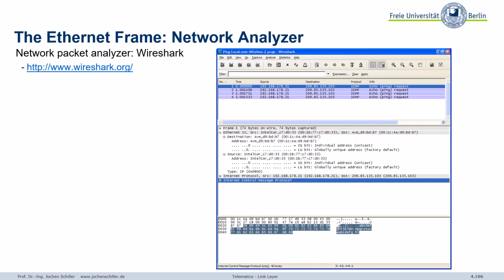If you want to have a closer look, we already touched this issue. Please do have a look into Wireshark and check for yourself. You can go down and check what type of frame we have, and then we see it's Ethernet 2. It also tells you, for example, that the source address says something about Intel, and then 3 bytes.